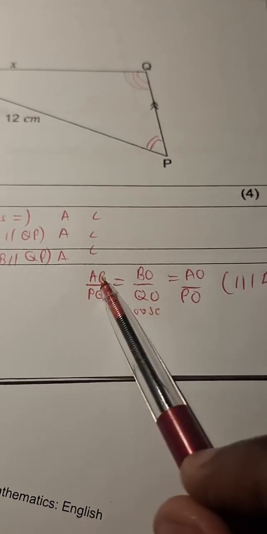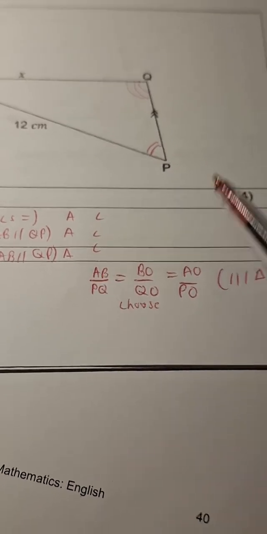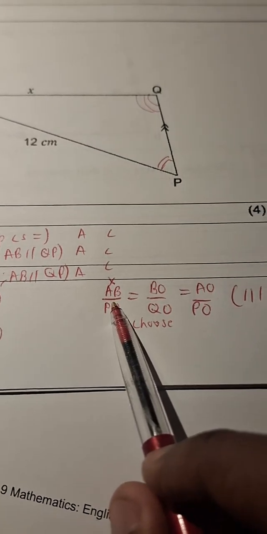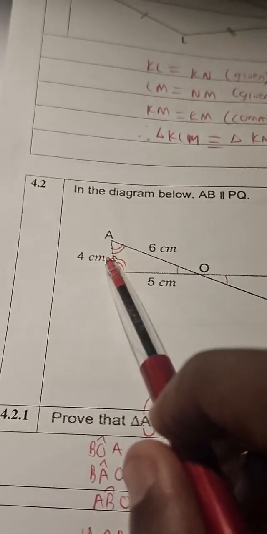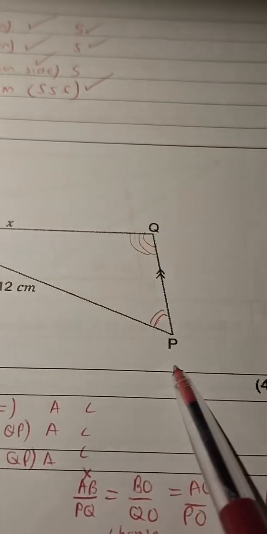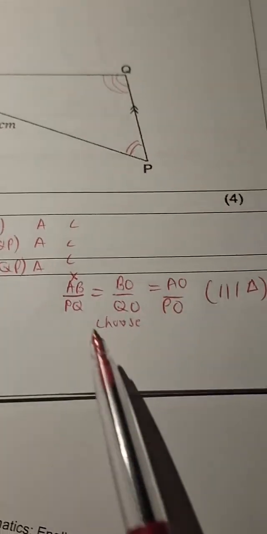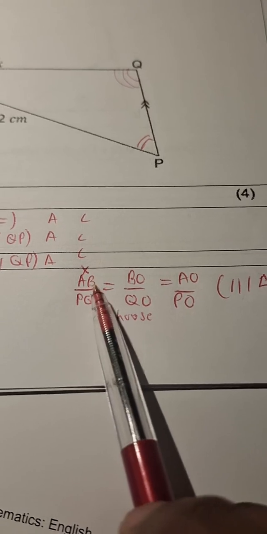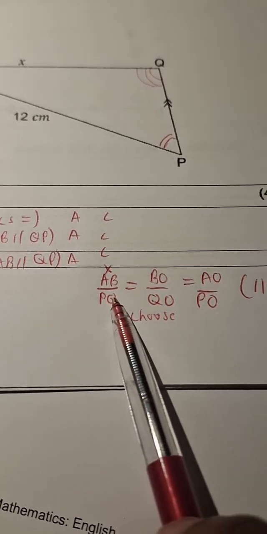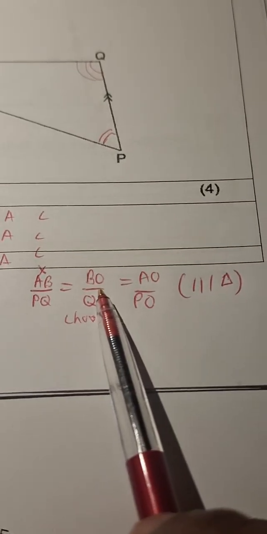This fraction I'm not going to use. I'm going to say goodbye to you. You're not going to help me in any way. Why? Because AB is 4 centimeters, but PQ, I don't know yet. I can't choose you because you have something that I don't know, which is PQ.